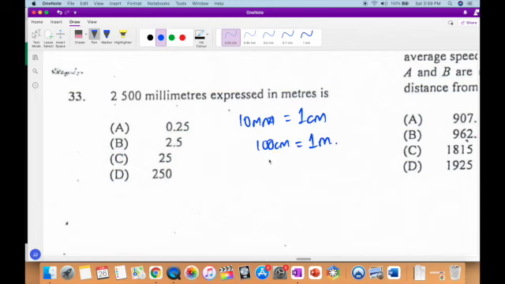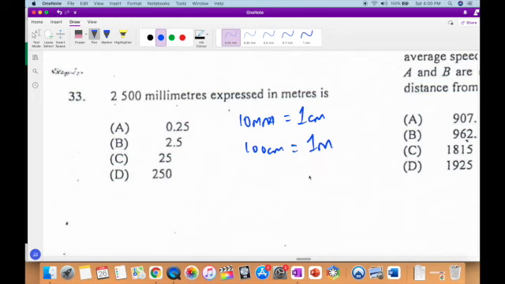So yeah, look, I got it there. So that's 100 centimeters, which is 1 meter. So 100 centimeters is equal to 1 meter, right?